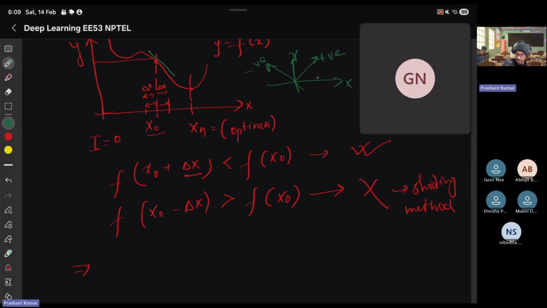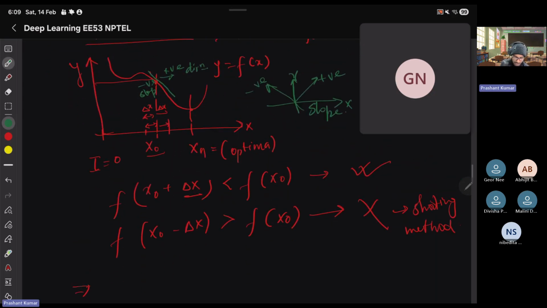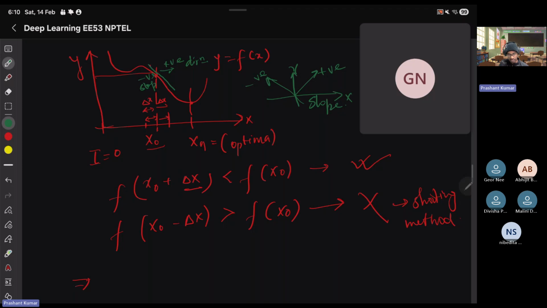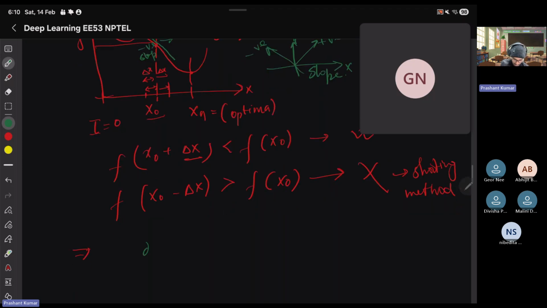So if this slope is negative, you want to move in the positive direction. Negative slope, positive direction. So in this case, you are talking about the derivative, basically dy by dx, or you can write d of f(x) by dx.